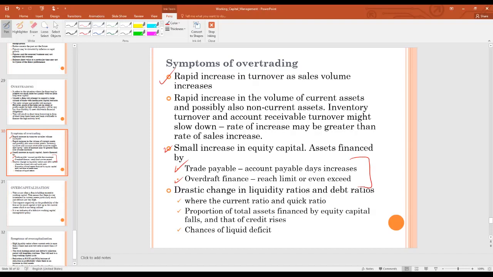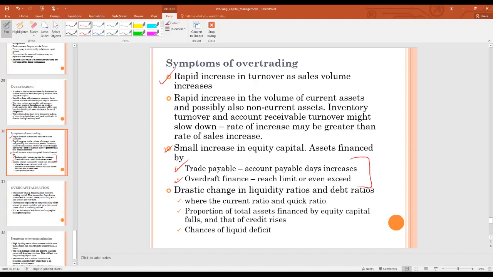Now, if that happens, the days are increasing. What happens to the receivables? They'll be increasing. Since the receivables are increasing and your sales are increasing, what happens to the inventory? You invest more towards inventory, towards receivables, towards work in progress. So the company will be investing more towards the customer through sales on credit.